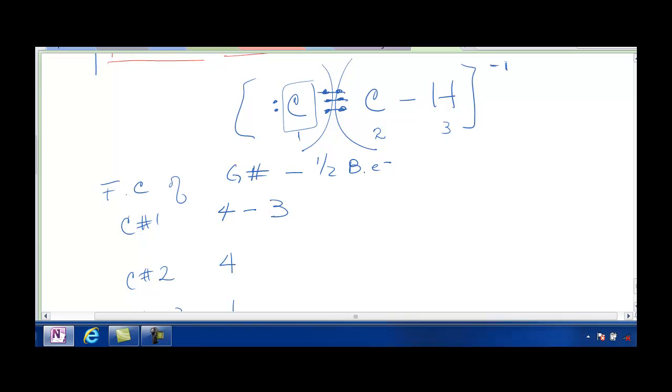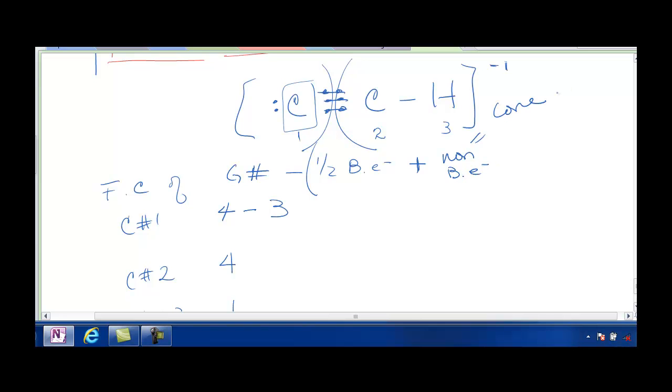And then I am going to add or subtract, because it's minus times a plus, all of the non-bonding electrons. If I have a lone pair, how many non-bonding electrons is that? Non-bonding electrons, meaning lone pairs.